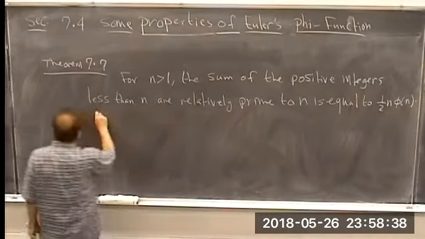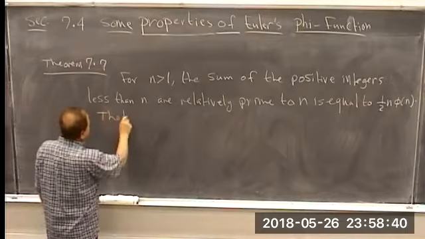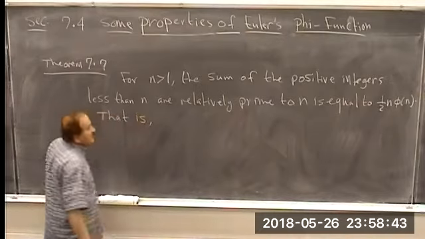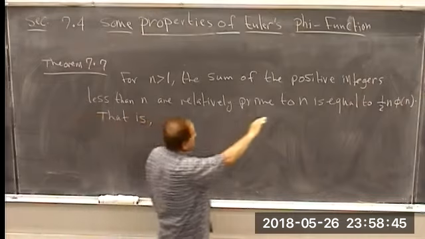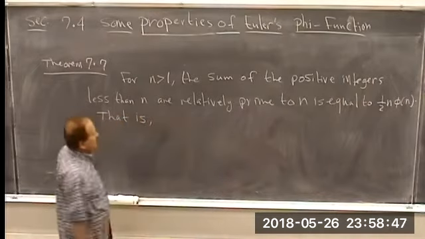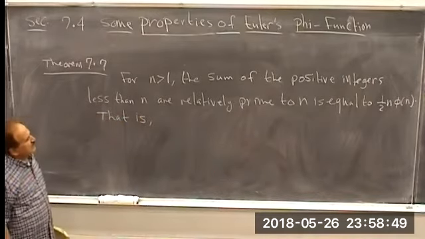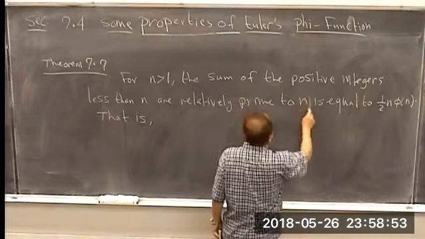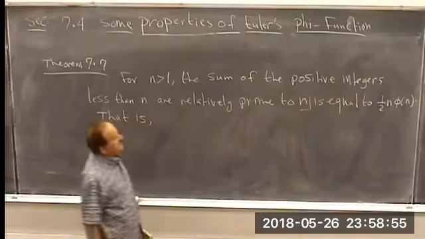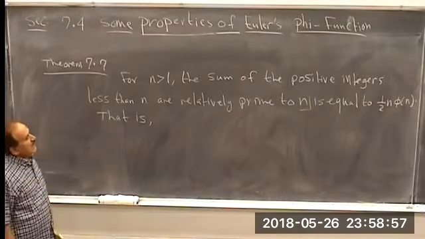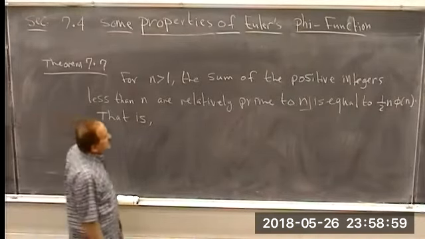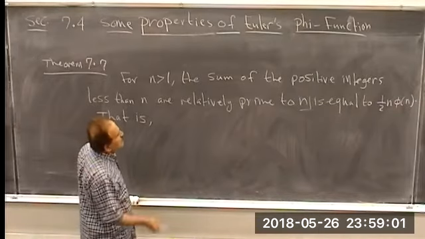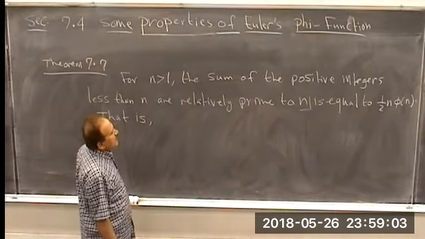We state this in a slightly different way. That is, now the positive integers that are less than n and relatively prime to n, this is actually the least positive reduced residue system mod n.